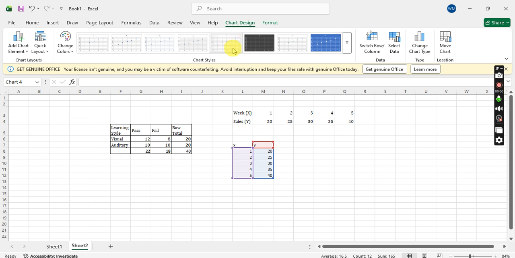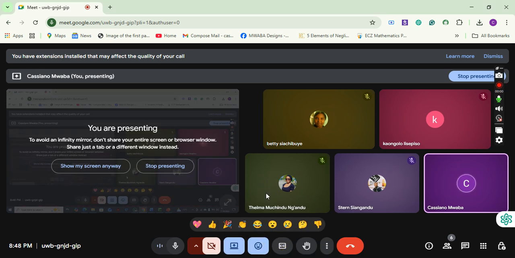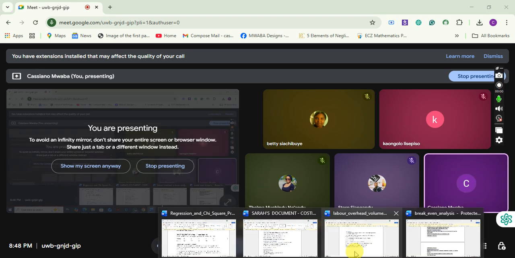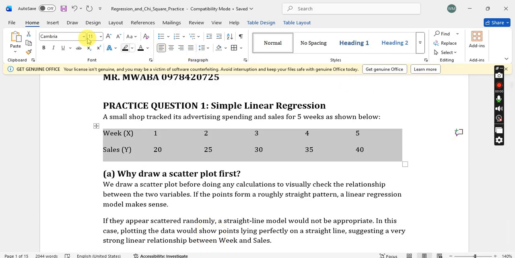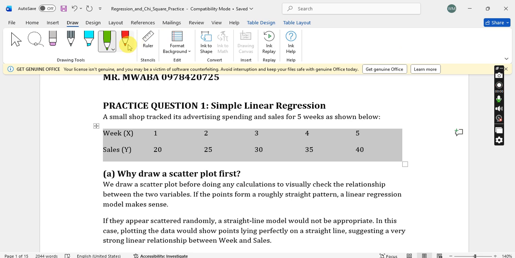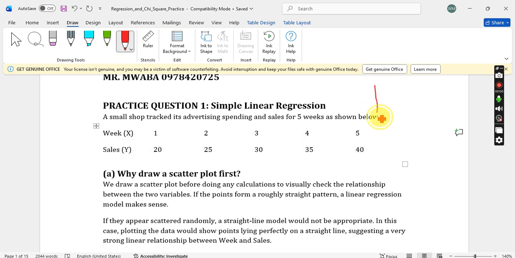So the scatter plot shows if there is a relationship between the two variables. Let me just illustrate it here. When we drew the scatter plot, we saw the dots going up like this.